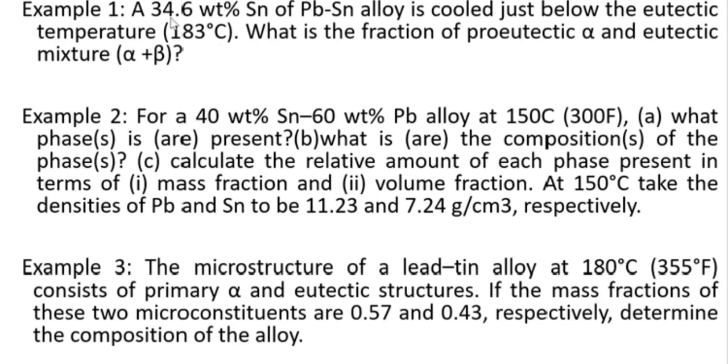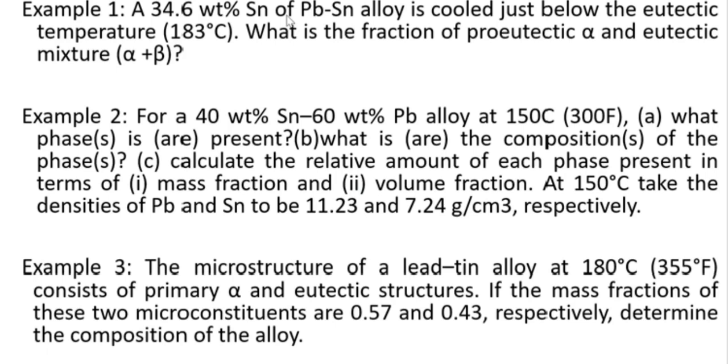Question number 1. The first question asks us about a 34.6% by weight tin alloy. So understand the question, know what percentage is the alloy. First, we'll be given an unknown alloy, or you may be given a known alloy, right?